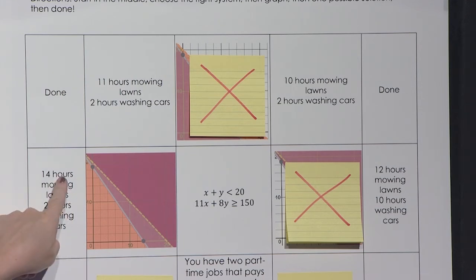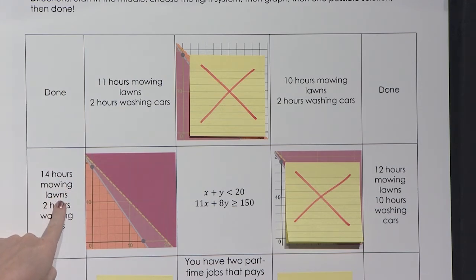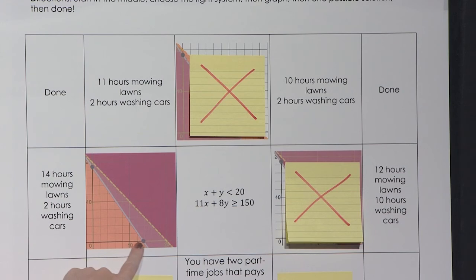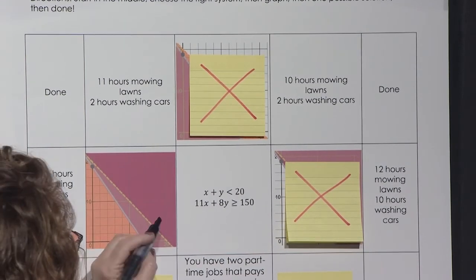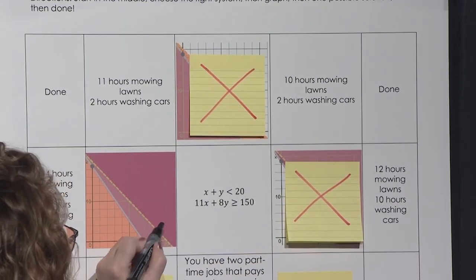So we have 14 hours mowing lawns and 2 hours washing cars. So to do this, we're going to place it on the graph and see if it is in the double shaded region. So I have 10, 11, 12, 13, 14 lawns, and 1, 2 cars. So my point for that one would be here.